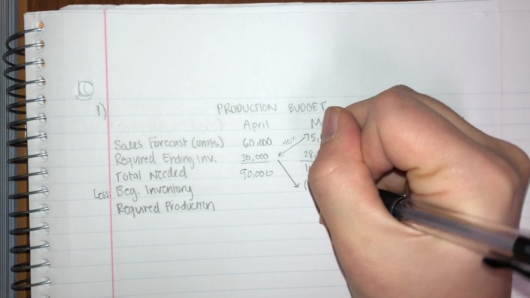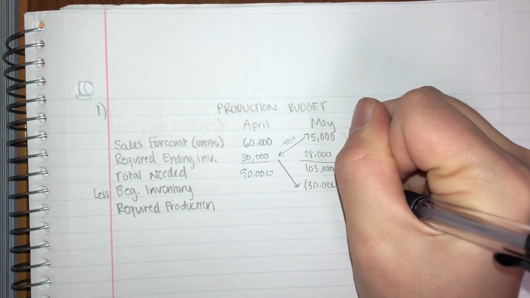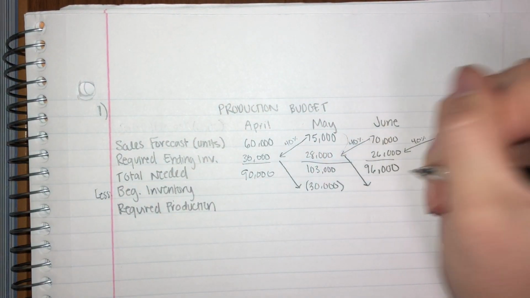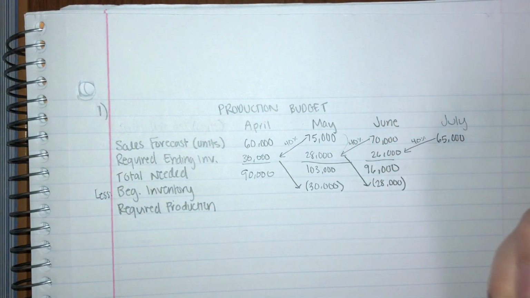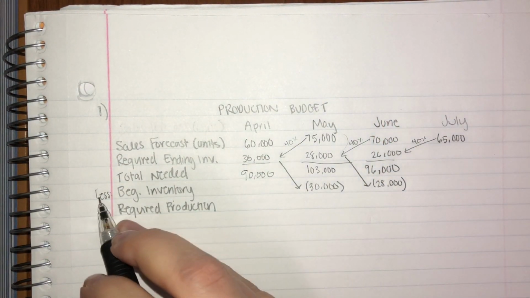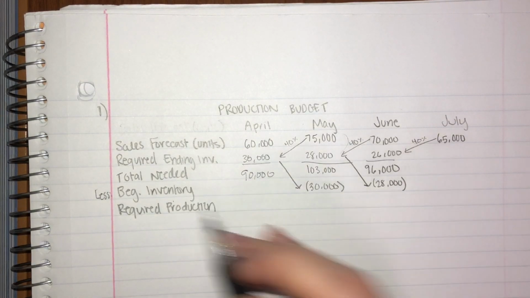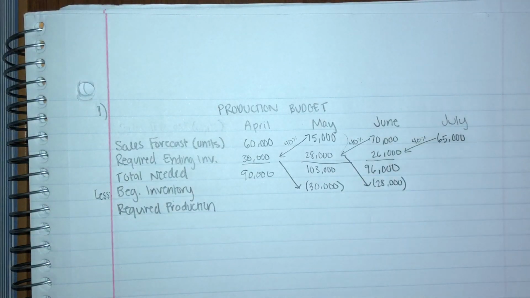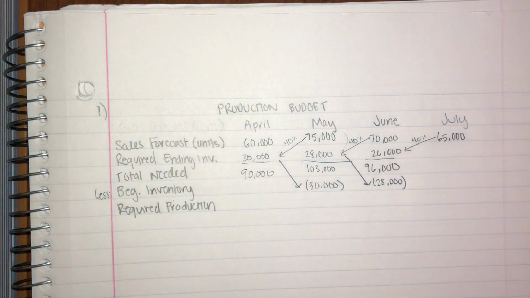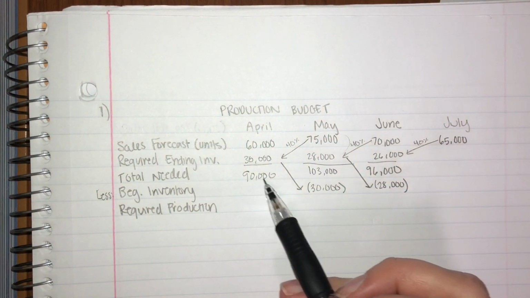So I actually am also going to put it in parentheses just so I know that I want to take it away. I think a lot of people miss that they're actually supposed to take it away. So if you want to put less right here, or if you want to do both and put parentheses, whatever you want to do so that you remember that we need to take it out. So it looks like we have a problem because I don't have anything for April.